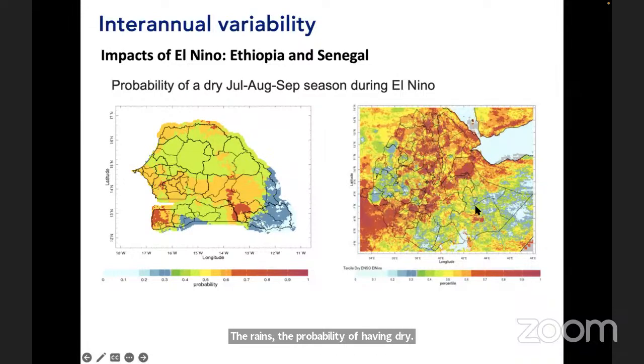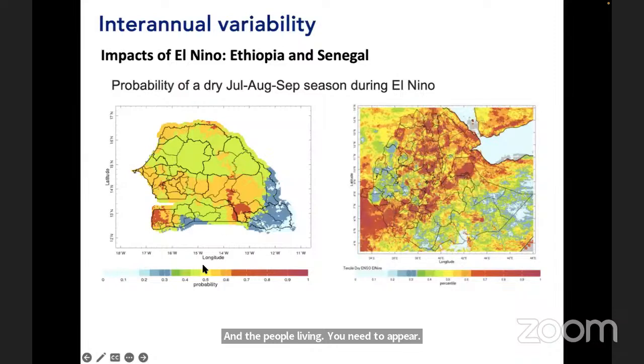Southern half, you see that it doesn't matter much because that's not the rainy season. Western Ethiopia, even though it's rainy season, doesn't seem to be affected by El Nino. So it is mostly the northeastern part of Ethiopia and what we call the Rift Valley that is affected by El Nino. And the people living in Ethiopia should have some idea about this.